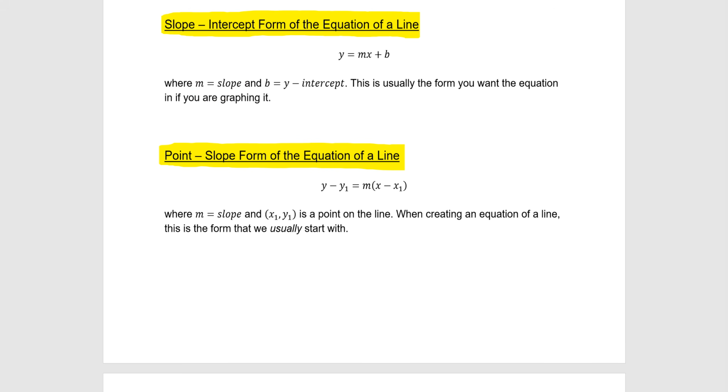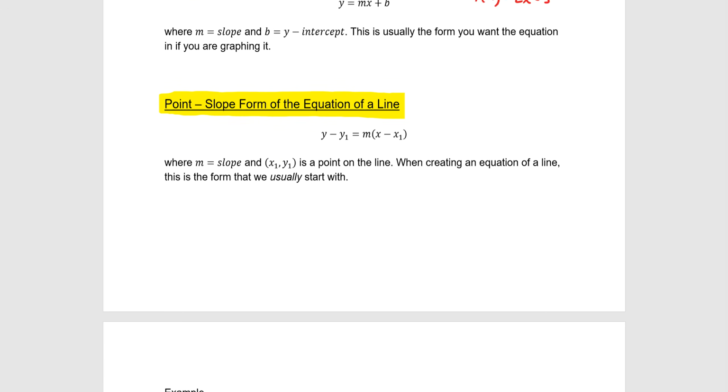The slope-intercept form is y equals mx plus b. Or it could be f of x equals mx plus b also. So something like f of x equals 2x minus 5. That is slope-intercept form. The y-intercept is negative 5, and the slope is 2. If it's in this form, then usually graphing it's pretty simple.